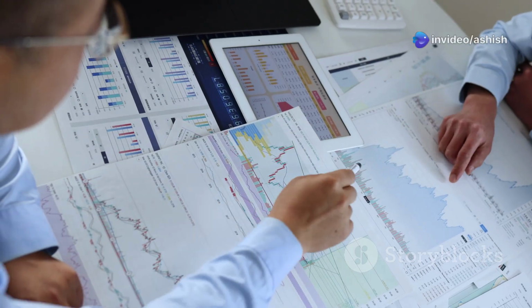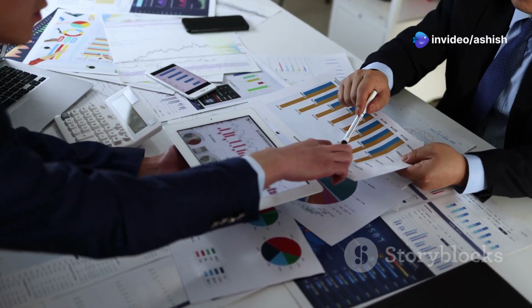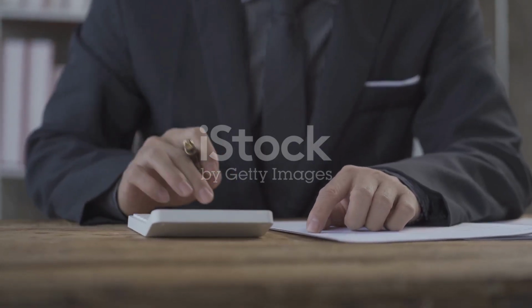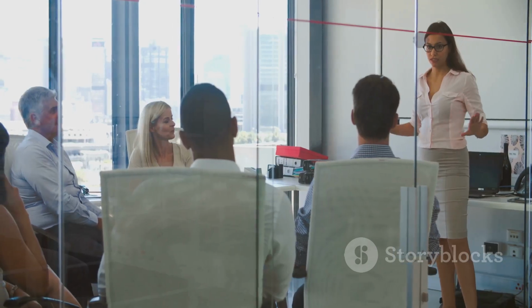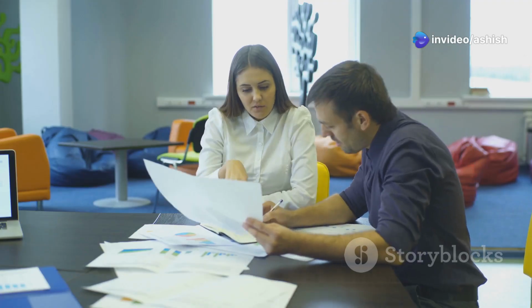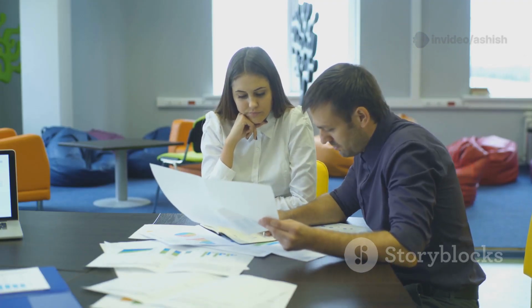Now let's talk about the basic defense interval, which takes a different approach to understanding a company's short-term liquidity. This ratio tells us how long a company can operate using only its existing liquid assets without generating any additional revenue. It's like a financial runway, giving us an idea of how much time a company has to maneuver if its cash flow suddenly dries up.